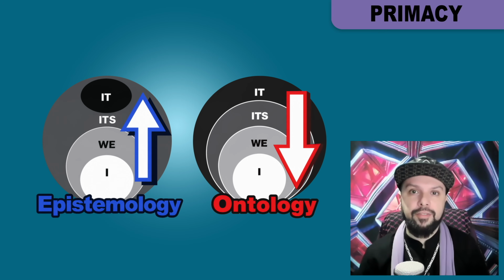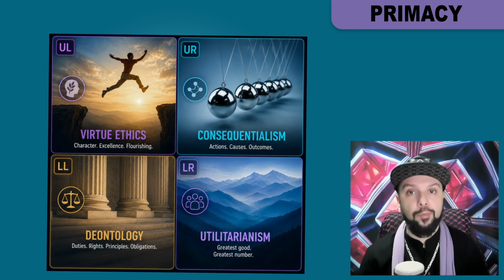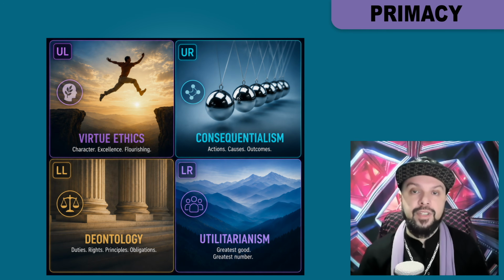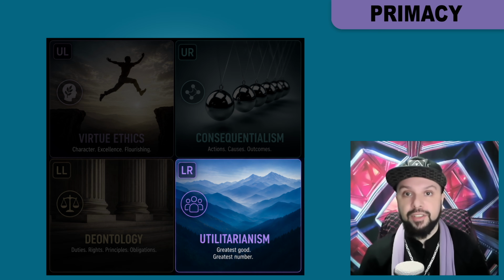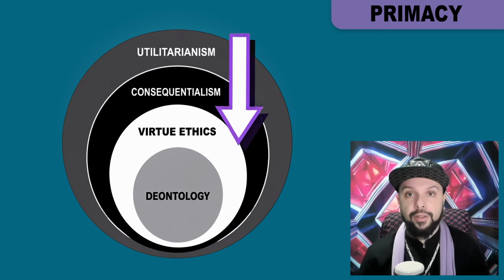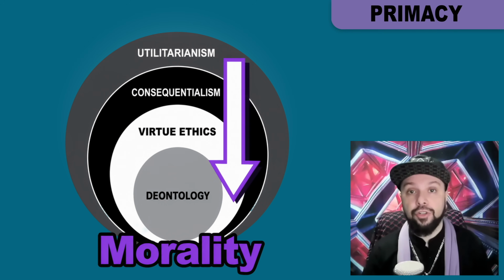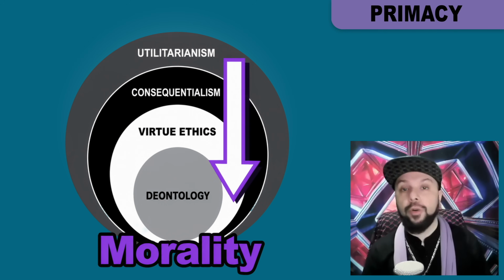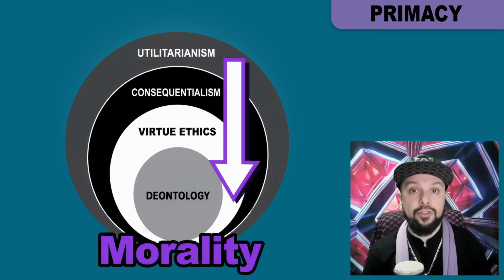But there are also other philosophical conversations, like around morality, where oftentimes different moral systems are pitted against each other in a reductionist way, like deontology versus utilitarianism. And often these ideas are presented in a winner-take-all reductionist kind of way. But in non-reductionism, we can understand how these different moral concerns can relate to each other. I'll get into that deeper in future videos, but for right now, I'm just showing you another example of how the quadrants relate to each other differently, depending on what the topic is.